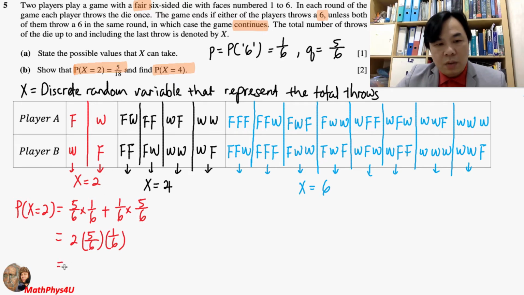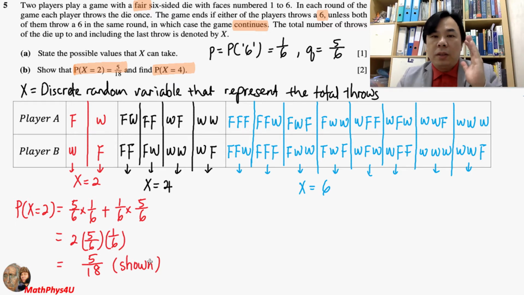Of course, if we try to simplify this, yes, definitely it is 5/18 here. So the first part, yes, we can just write down: we managed to prove that. Okay. Now I hope the first section is clear. Okay. Now the second section. P(X = 4), probability of having an x equal to 4 here.